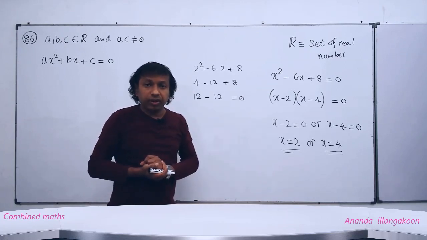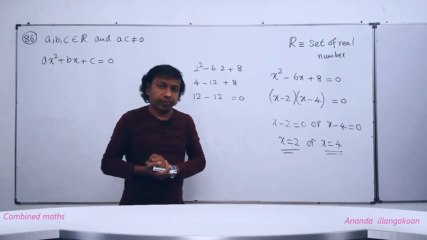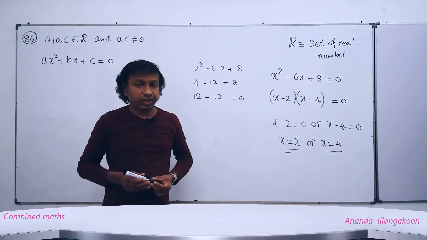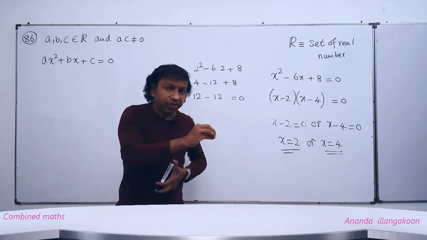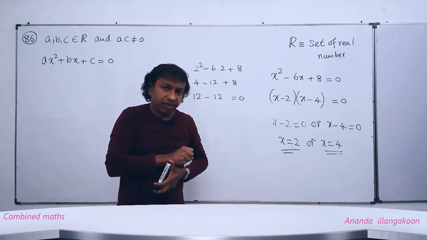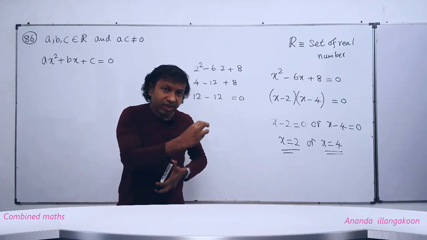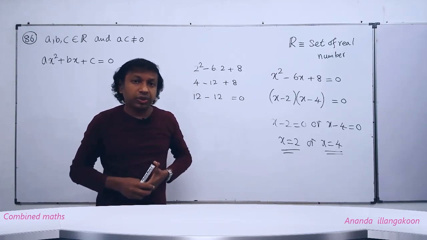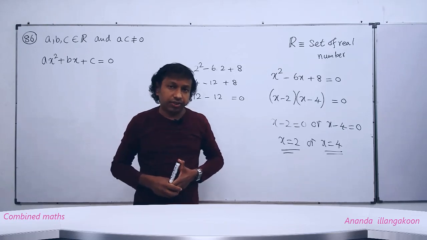This is known as the root satisfies the quadratic equation. When you substitute for x in the quadratic equation and simplify the left-hand side, the simplified answer is equal to the right-hand side 0. That is called the root satisfies the quadratic equation.